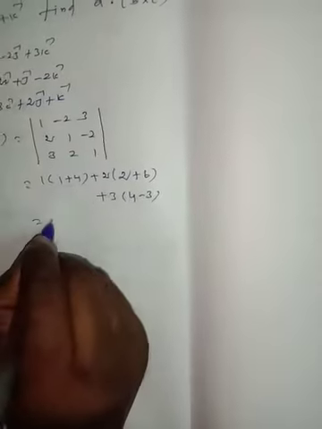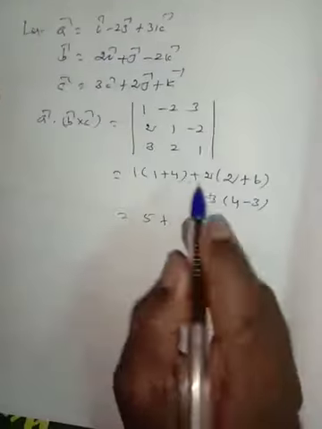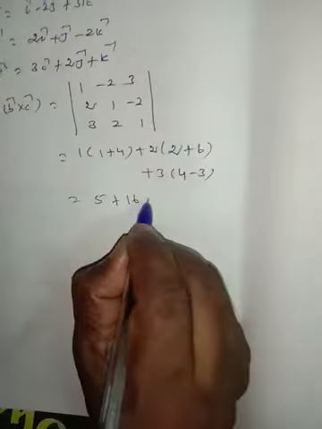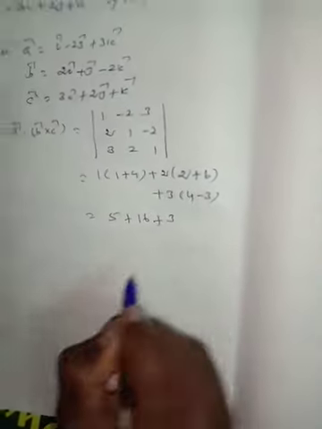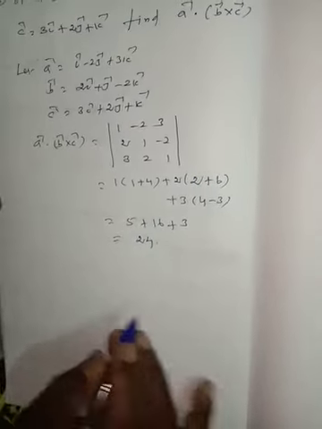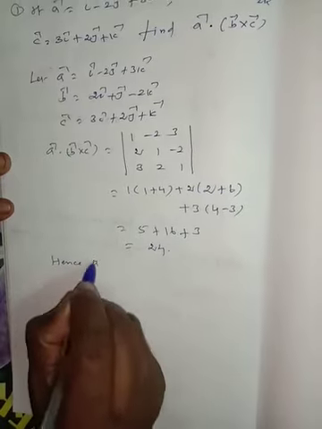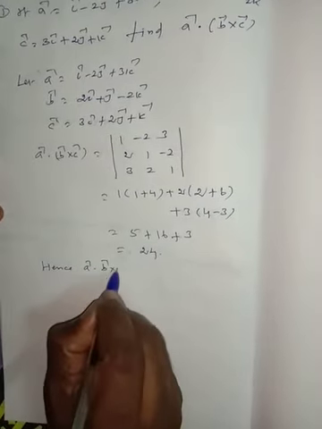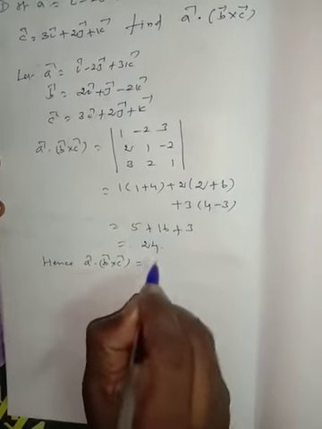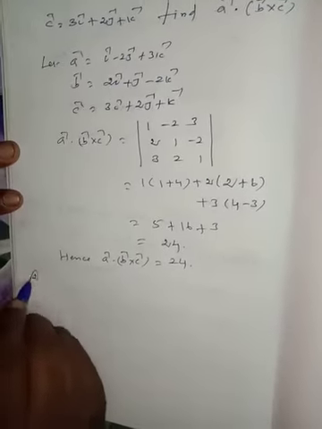This means 5 plus 16 plus 3, which is equal to 24. So a vector dot b cross c is 24.